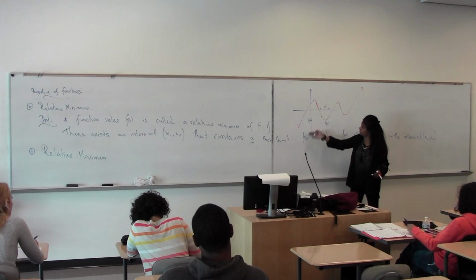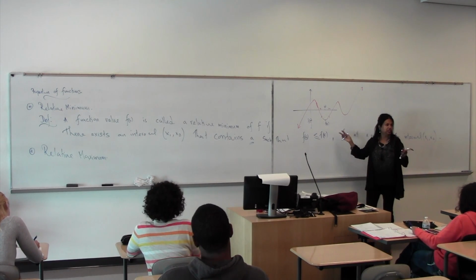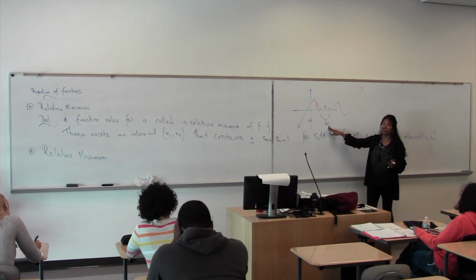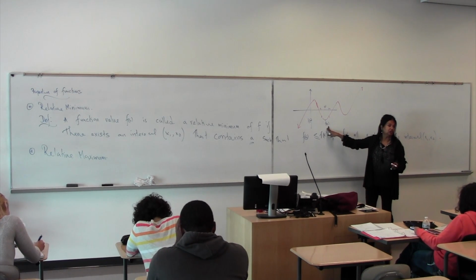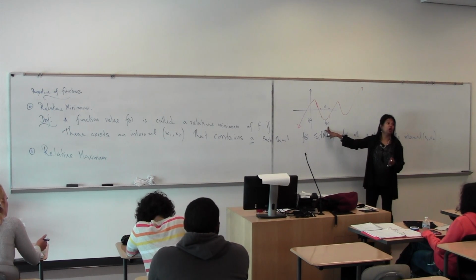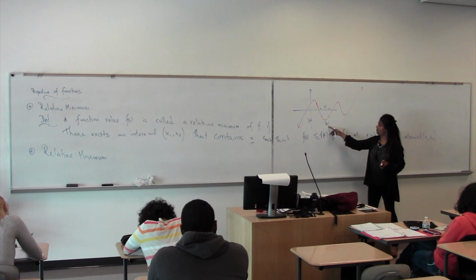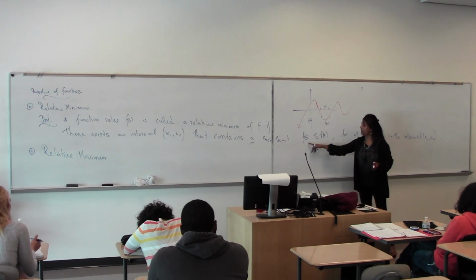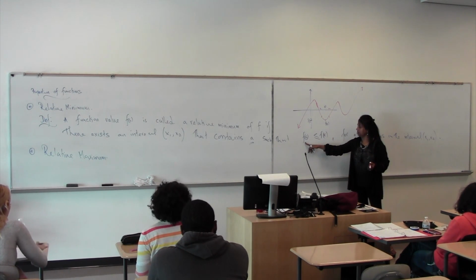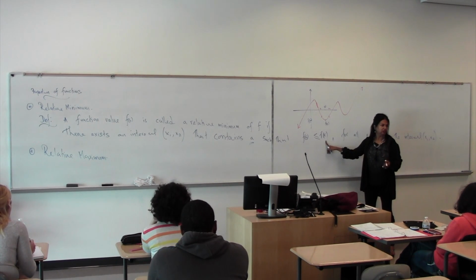But in the function there are smaller values, many. But within that given interval, f of a is the relative minimum, the smallest. So f of a is smaller than all the other f of x's in that interval.